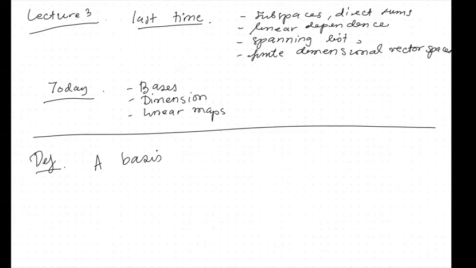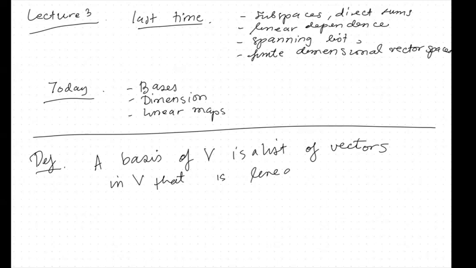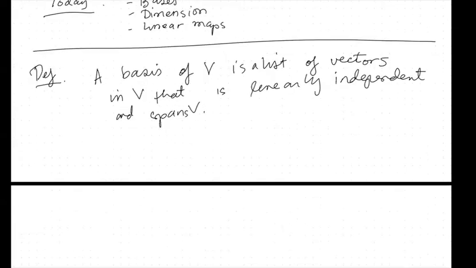A basis of V, here V is again a vector space, is a list, or a set in some books, is a list of vectors in V. That is the first requirement, linearly independent. And the second requirement is spans our vector space V.